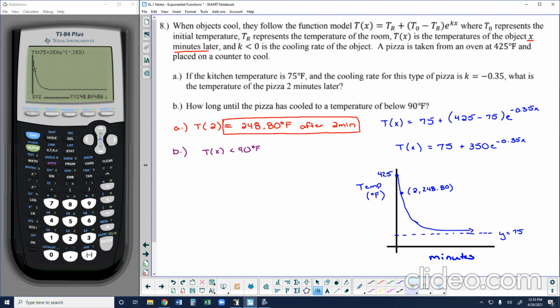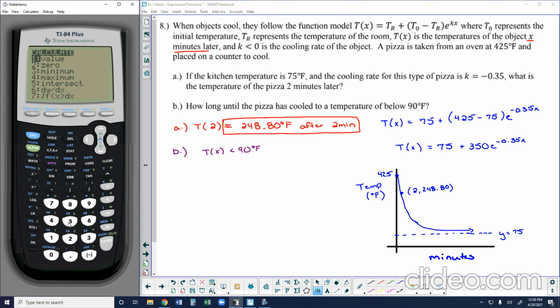If I substituted in the equation for T of x and then tried to solve for x, I would be unable to do so because I would have the variable in the exponent, and based on what we know, we don't have any way to change an integer into Euler's number. So I'm actually going to use the graph because I know that y equals 90 in this case. I'm going to graph the line y equals 90 and find the intersection.